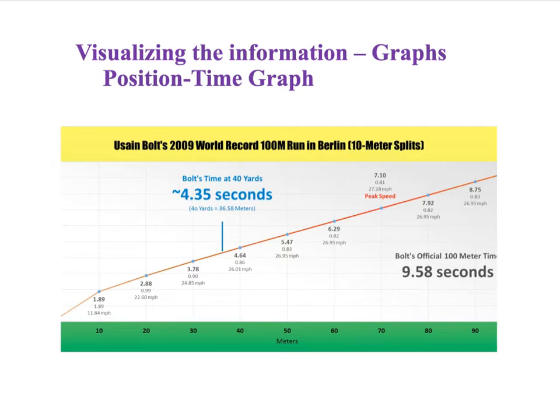The information about his run I first gave you in the form of a table, which sometimes is difficult to really get any sense of what's going on because it's just a series of numbers.